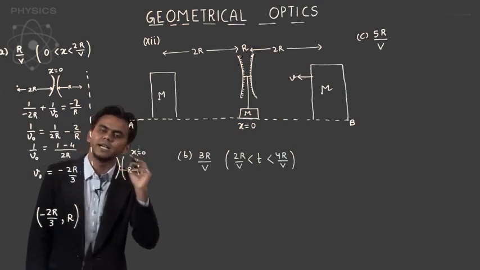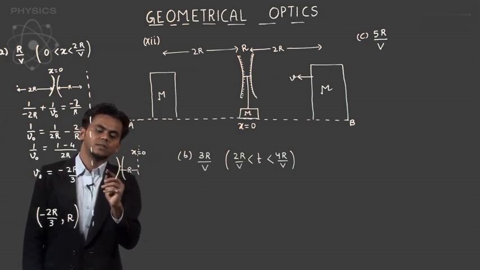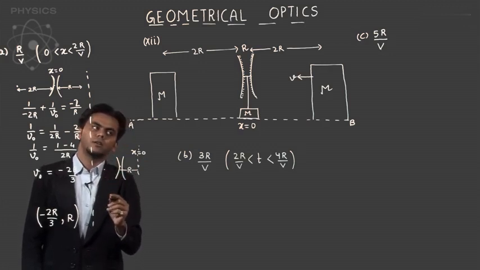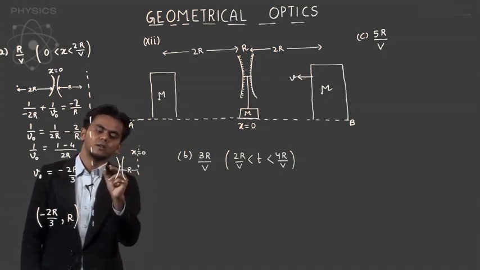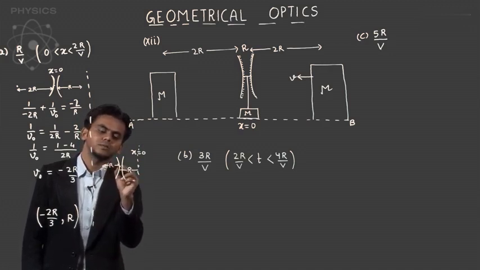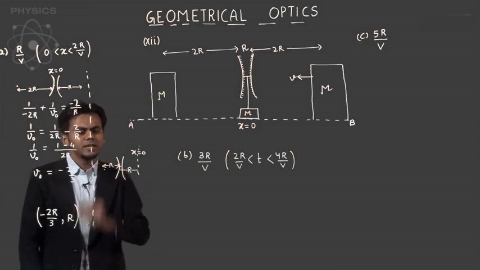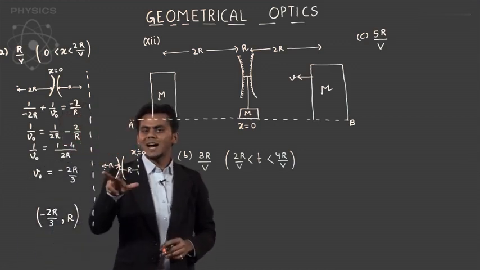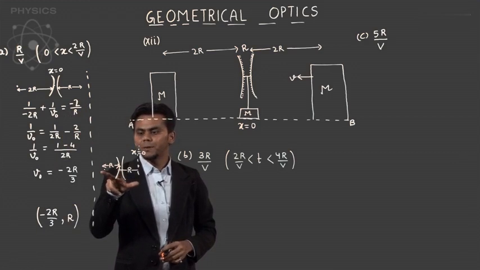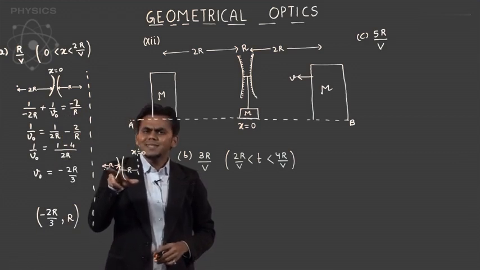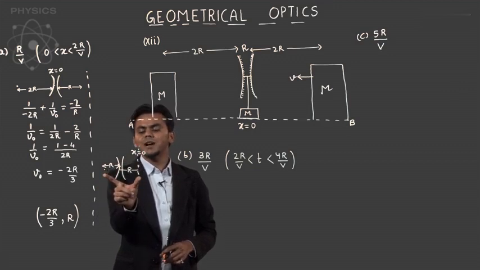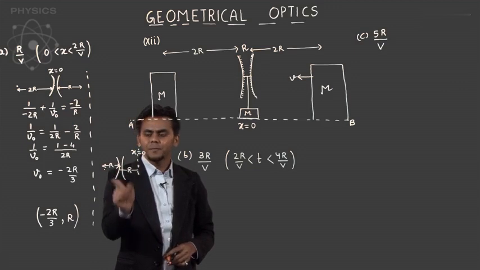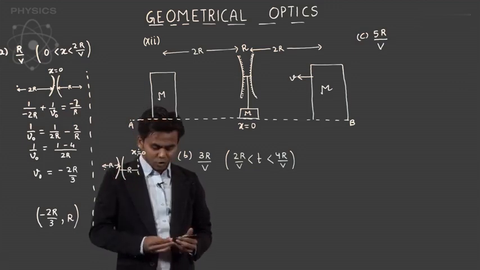This is x equal to 0, right? And this is the position of this object, which is at 2r away from origin and r from this position, right? In this situation, if it is r away from the mirror, the image would be formed on the object itself, which means here itself. But from the origin, it is r plus r away in the negative direction. So minus 2r, right? What about the other image?